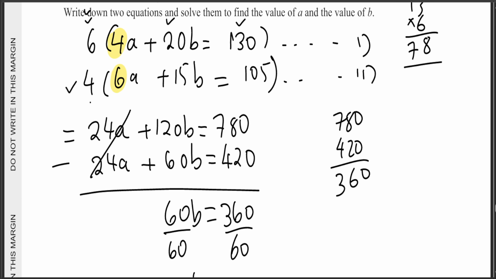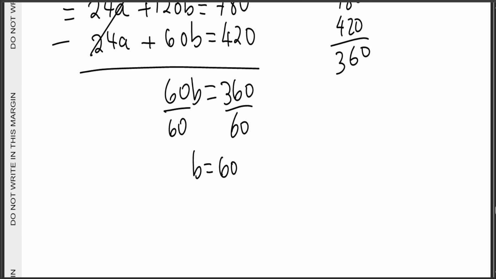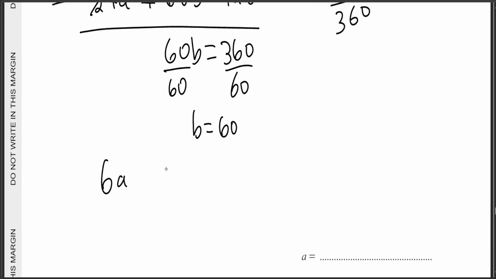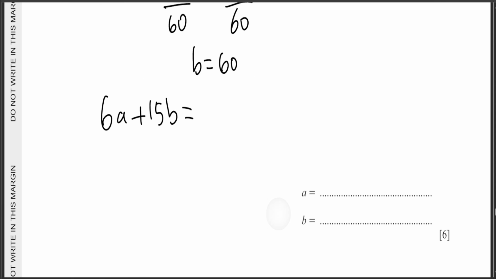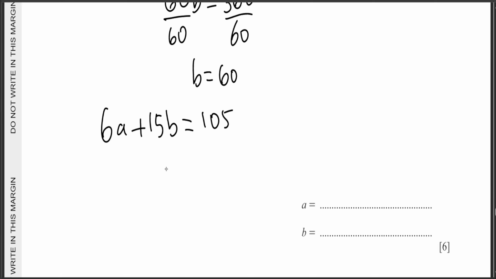So let's use one of the equations, the other equation. 6A plus 15B is equal to 105. 6A plus 15 times 60 is equal to 105.